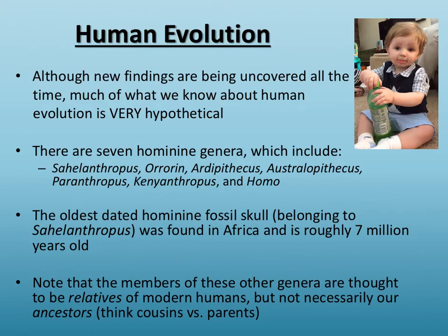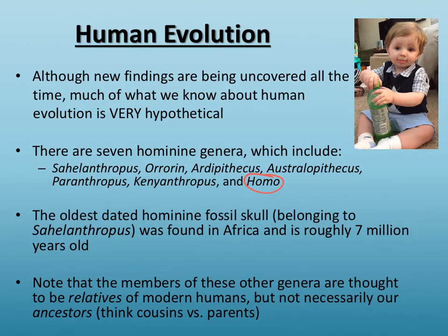So we haven't talked classification yet, but genus, right? There's genus and then species. So there's 7 different genera of hominines, and that includes us, right? The genus Homo, but then also the genera Sahelanthropus, Orrorin, Ardipithecus, Australopithecus, Paranthropus, and Kenyanthropus.